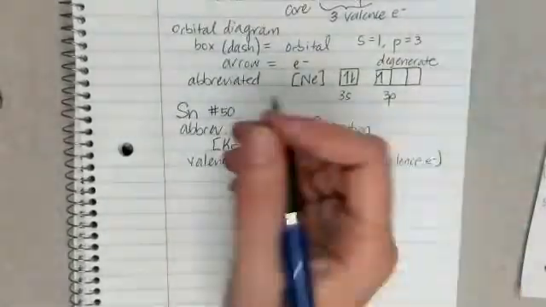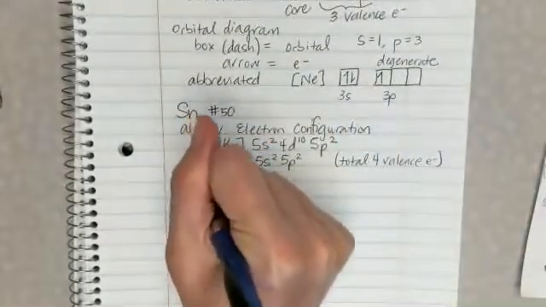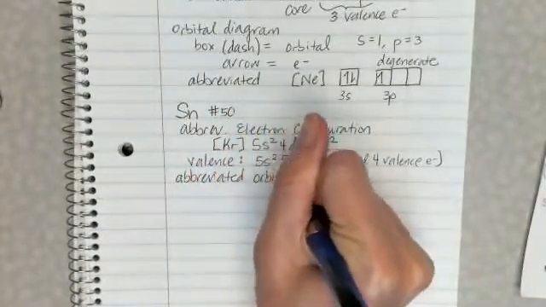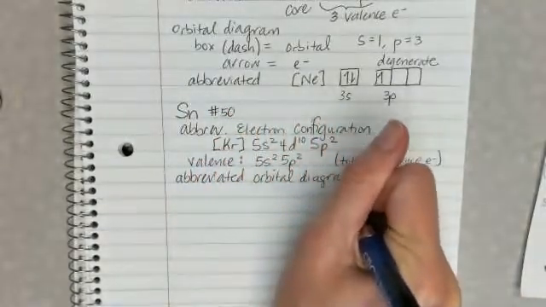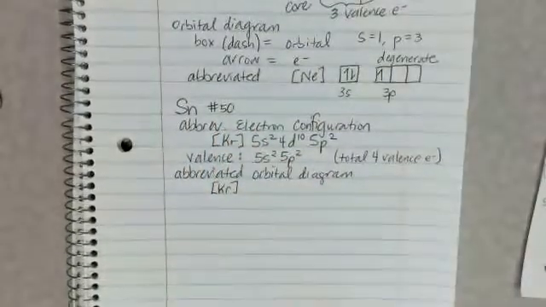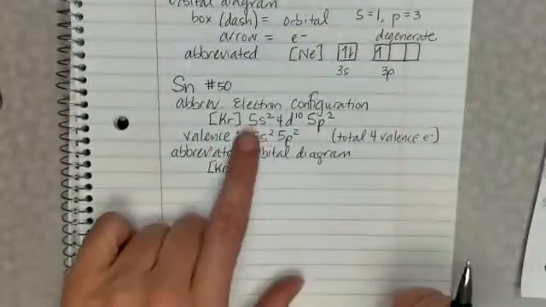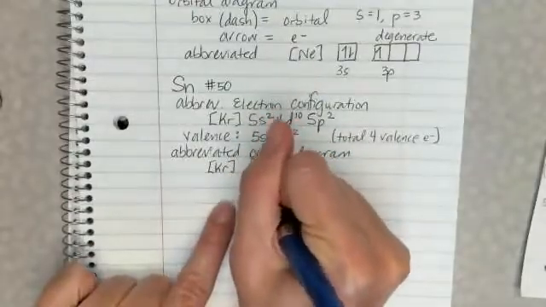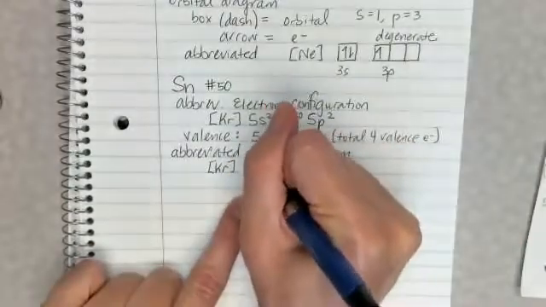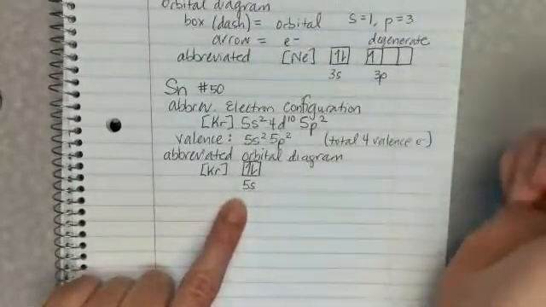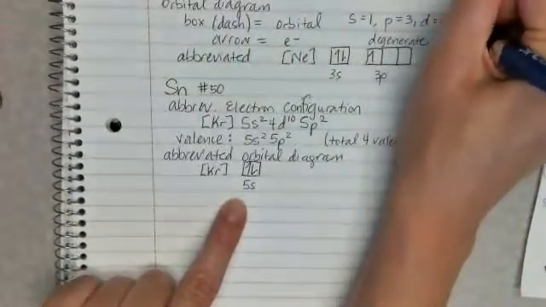All right, now if I do an abbreviated orbital diagram, just like the abbreviated electron configuration, we'd have a krypton core. For the s, just like we saw with the aluminum, we would draw one box. It's got 2 electrons in it, so 1 up, 1 down. When we get to the d, d has 5 orbitals.